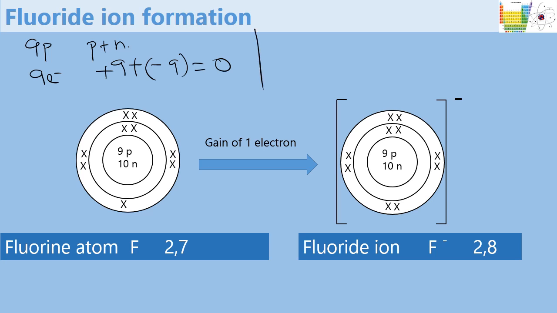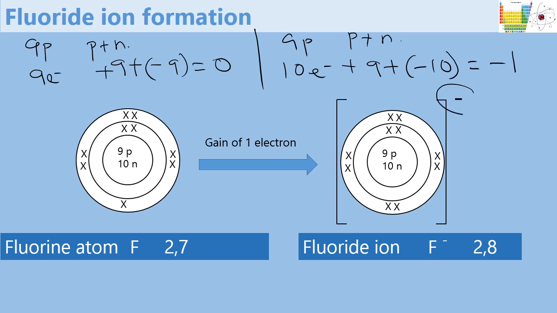However, for the fluoride ion, it has 9 protons and 10 electrons. The overall charge is positive 9 plus negative 10, which gives us negative 1. And that is why our charge is negative. Now remember, we do not write 1 negative, because if the charge is 1, we simply ignore the figure 1 and write the sign.